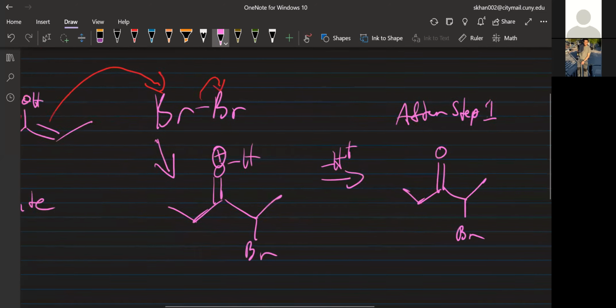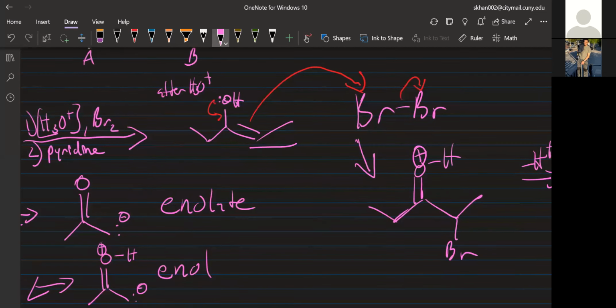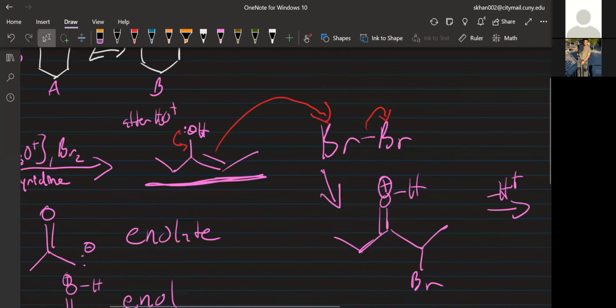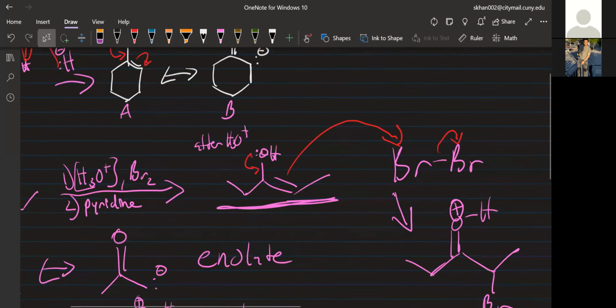How did I get the double bond in the first step? Oh, this was just enol formation. So maybe if I go into detail for that, I got some space here.